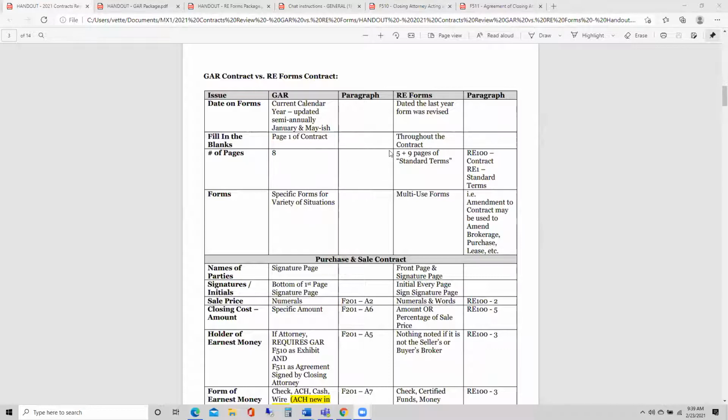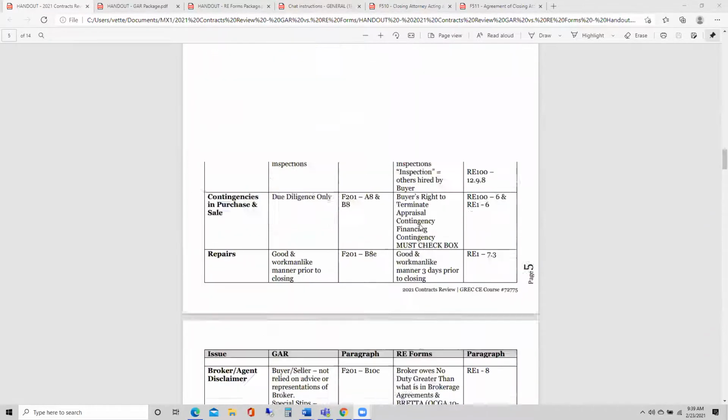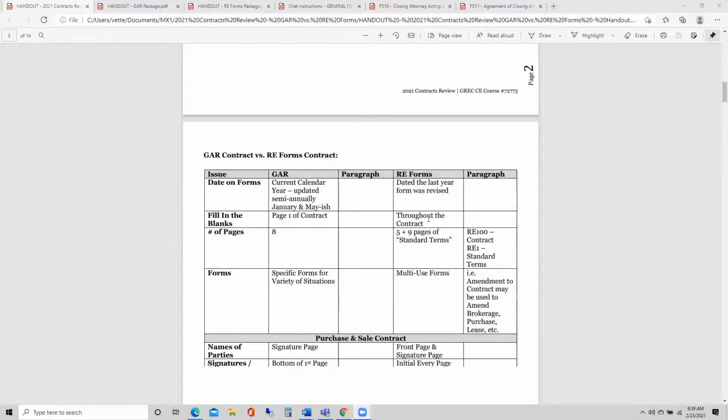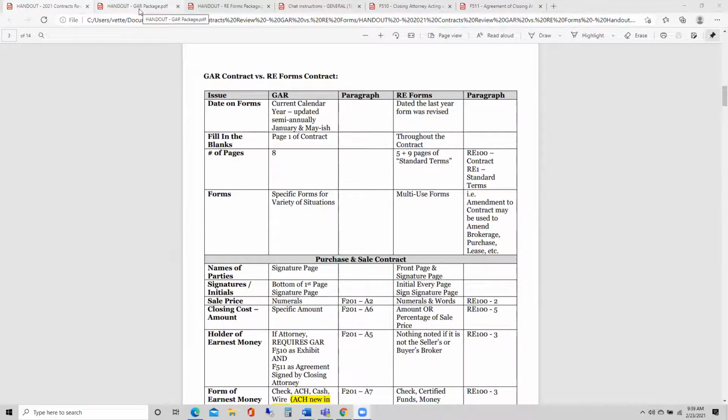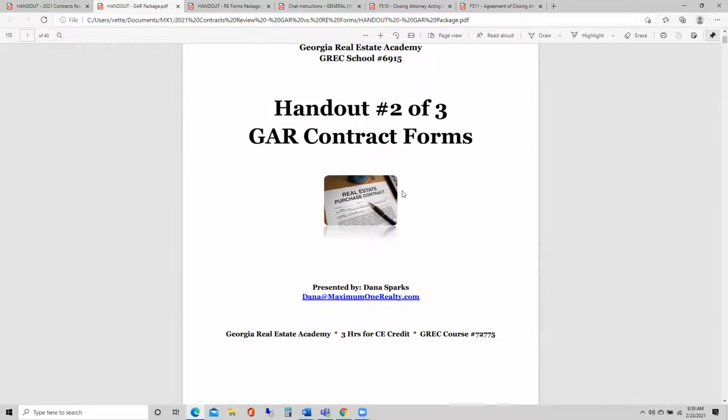So this handout is a huge, long, 14-page document, a table comparing what we're going to go over. Then I'm going to flip back and forth. This is a handout, and you will get these handouts via email after class.